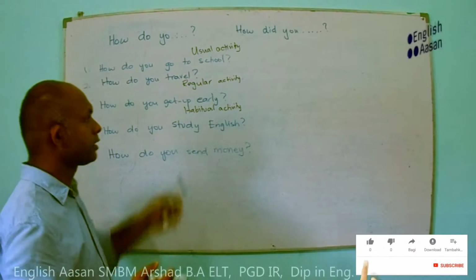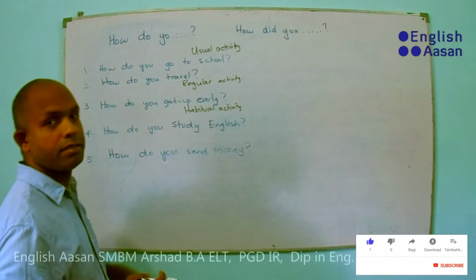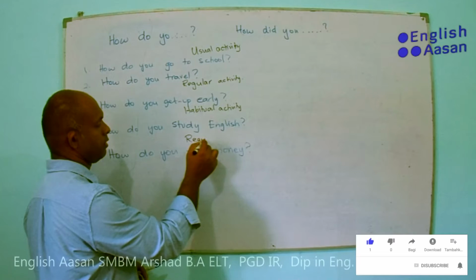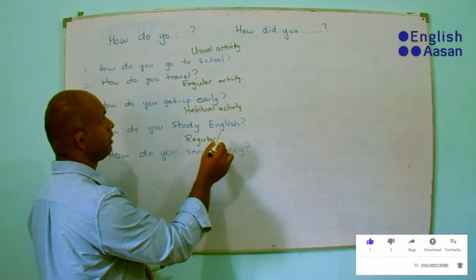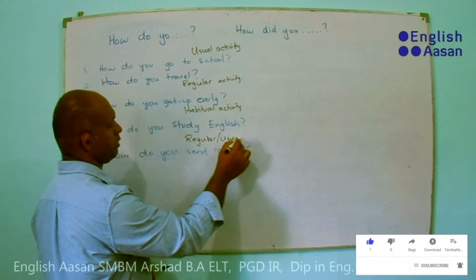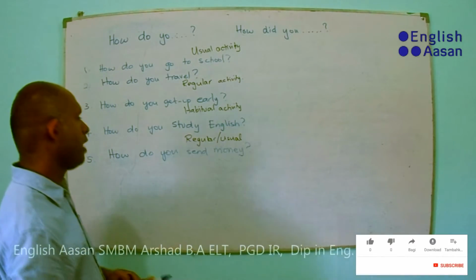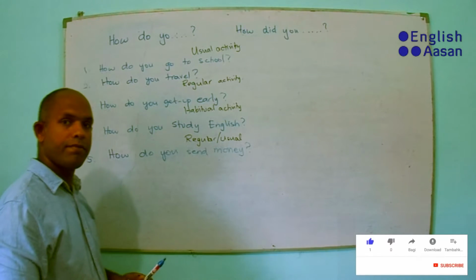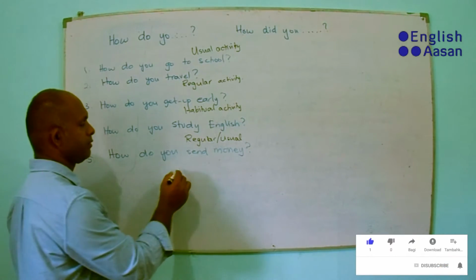This is kind of all three activities, and it is common. It is more like a regular or usual activity. And how do you send money? It is also a frequent, regular activity.